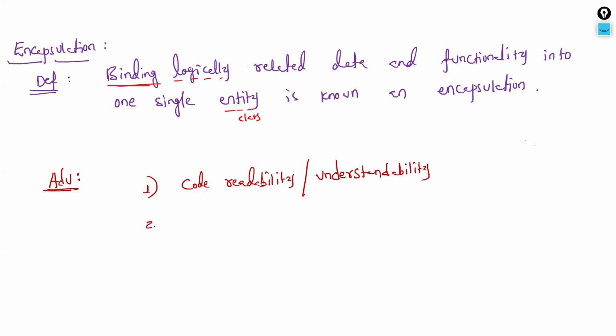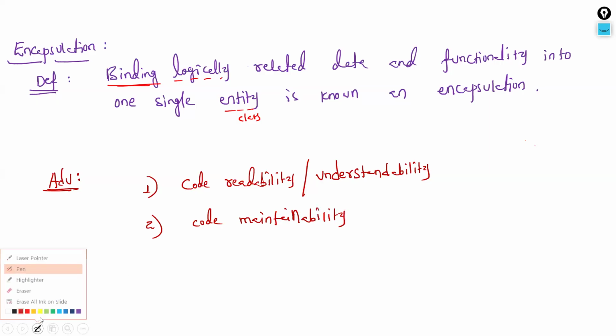Then the second reason is code maintainability. Please use the technical terms in interviews. If you say simple terms like fixing errors directly, that will put us a little negative.